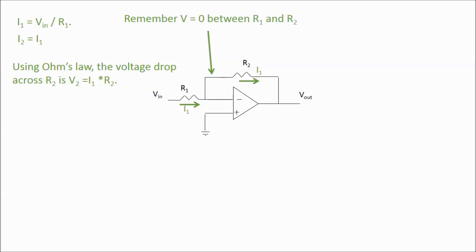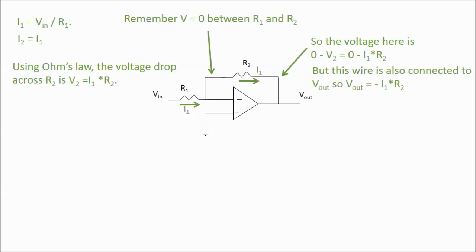So if its voltage drop is I1 times R2, and the voltage on the left is 0, then the voltage on the right of R2 must be 0 minus the voltage drop across R2, which is 0 minus I1 times R2 from Ohm's law.